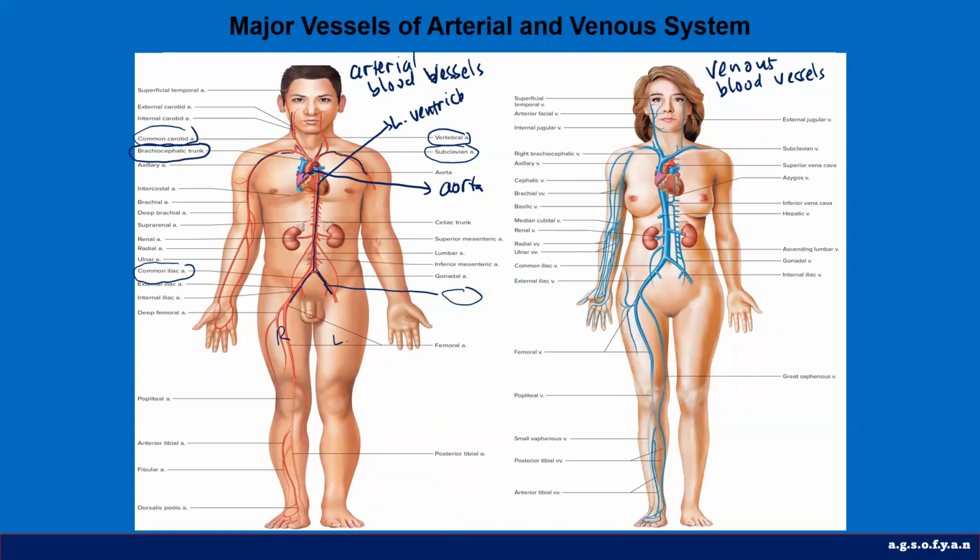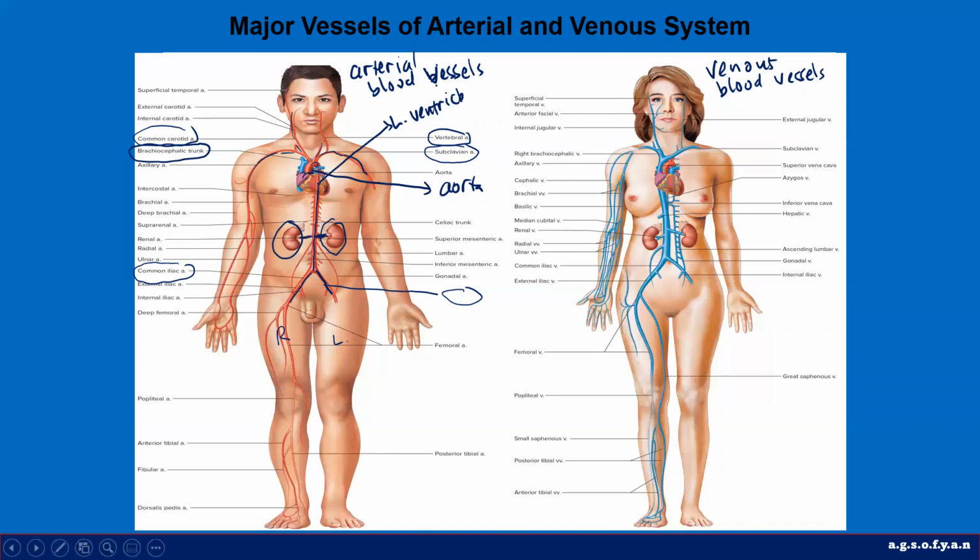And the end of the descending aorta will branch into the right and left common iliac artery. But in the middle over here, in the abdomen, this descending aorta will branch into many smaller arteries that will go to each organ that we have in our abdominal cavity. For example, the kidney receives the branch of the descending aorta called the renal artery.